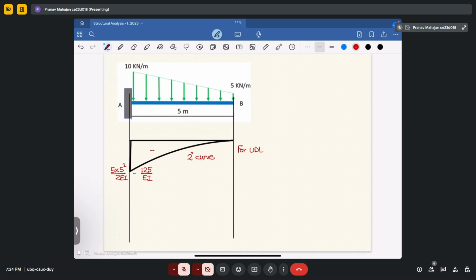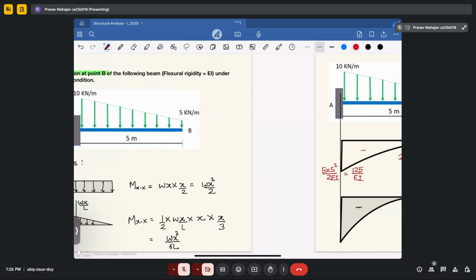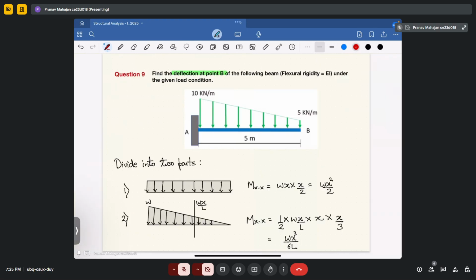Okay. And now for uniformly varying load, it will be a 3-degree curve. Correct? And in this case, the maximum value will come out as WH cube upon 6L.